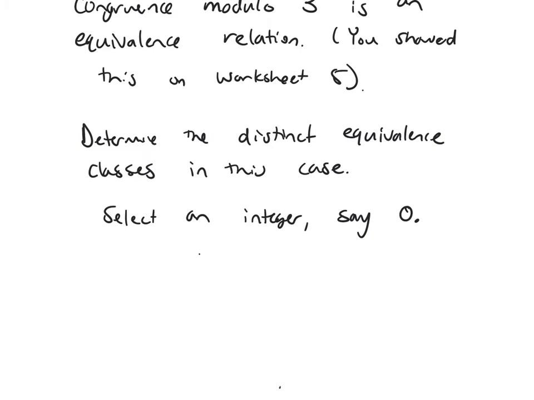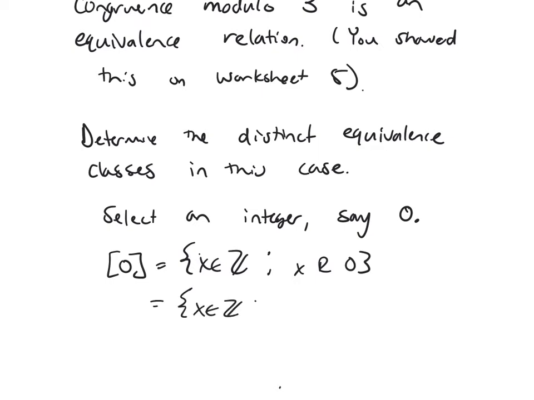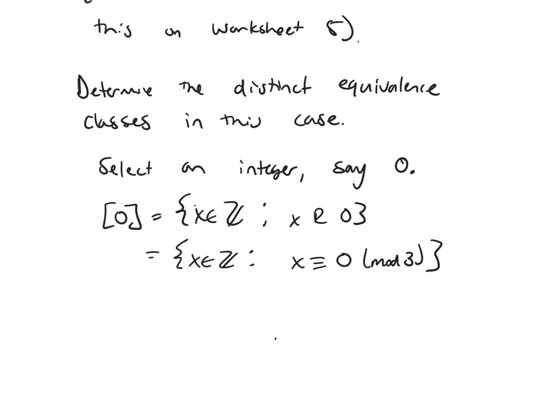So the equivalence class of 0, again, this is all the elements in Z where x is related to 0, but here my relation is congruence modulo 3, x is congruent to 0 mod 3, and this means that 3 divides x minus 0, or just 3 divides x.